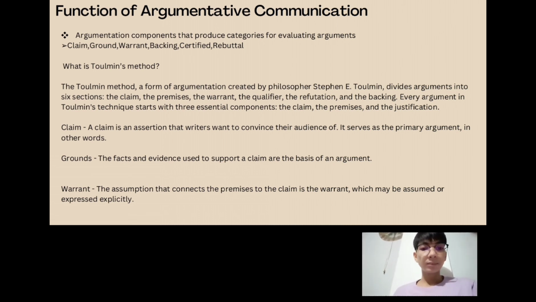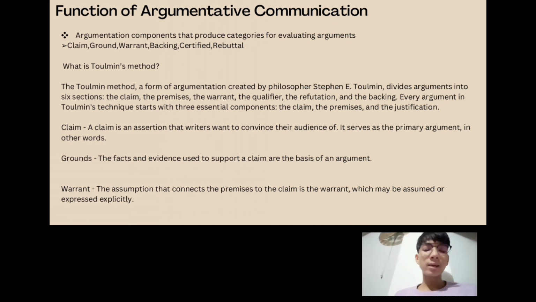A claim is the assertion that the author would like to prove to their audience. It is, in other words, the main argument. The grounds of an argument are the evidence and facts that help support the claim. Finally, the warrant, which is either implied or stated explicitly, is the assumption that links the grounds to the claim.